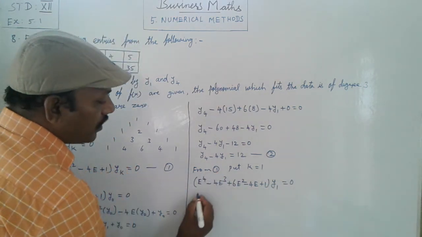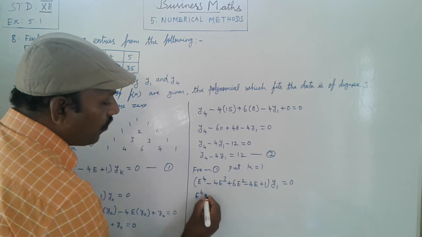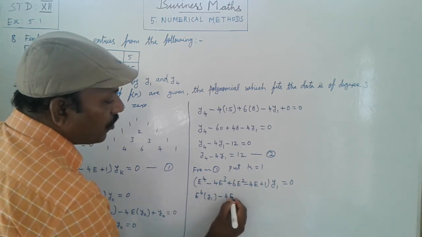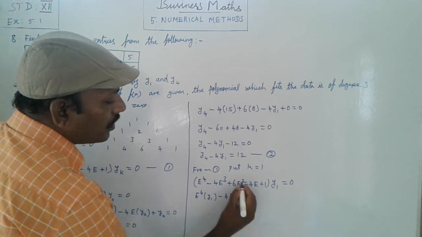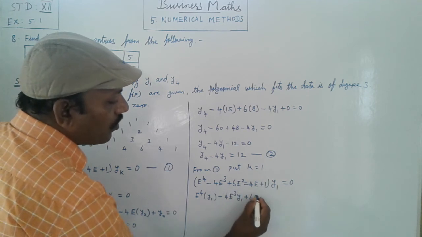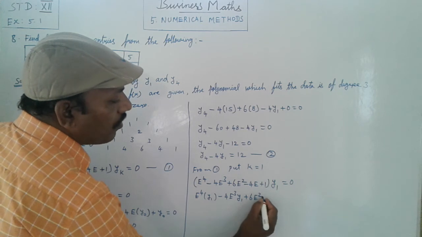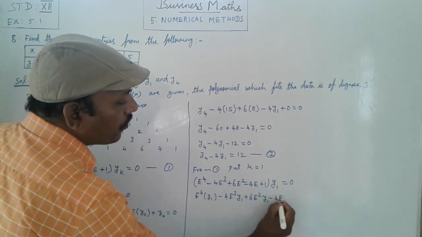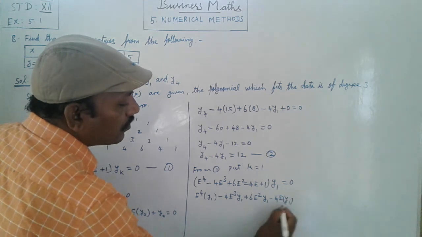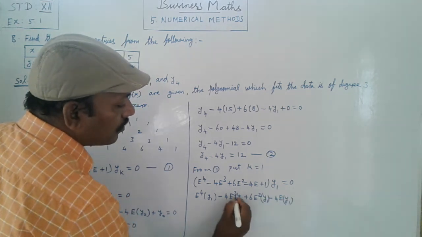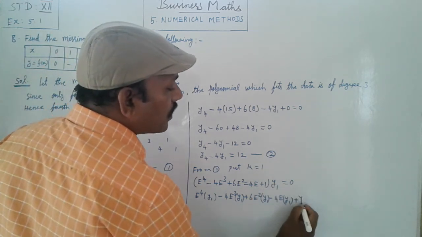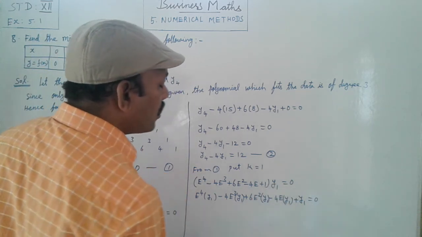So multiply here: e power 4 of y1 minus 4e cube y1 plus 6e square y1 minus 4e y1 plus 1 into y1 is y1 equal to 0.